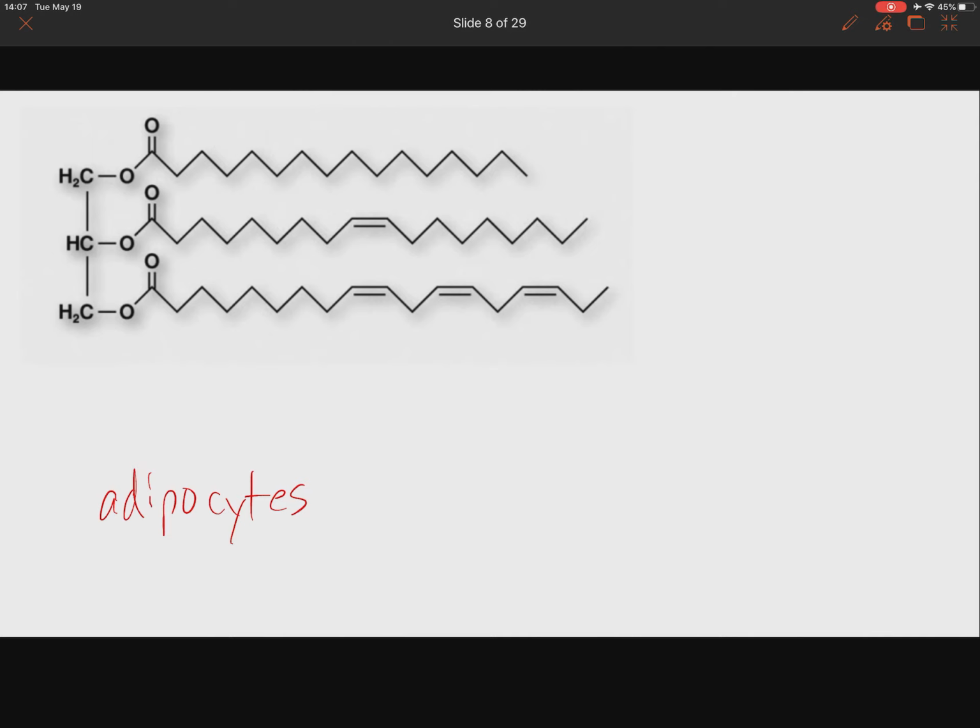This enzyme cleaves the first two fatty acids from the fat, and then a second enzyme, monoacylglycerol lipase, comes in and cleaves the last one. And then they can be available for energy production, or they can be converted into other forms of these lipids.